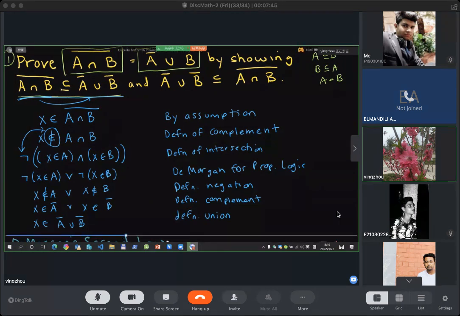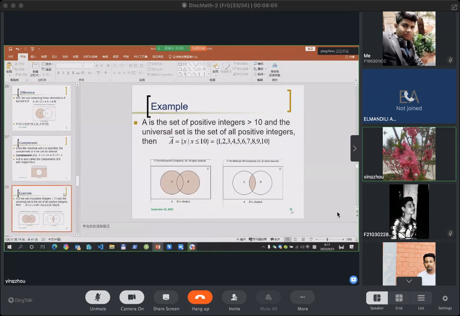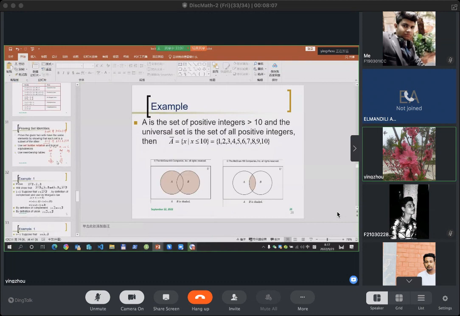The first is the subset, the second is the complement, the third is the intersection, and the fourth is the union. So you will find this set operation and calculation is also very important, and we show you about this symbol.